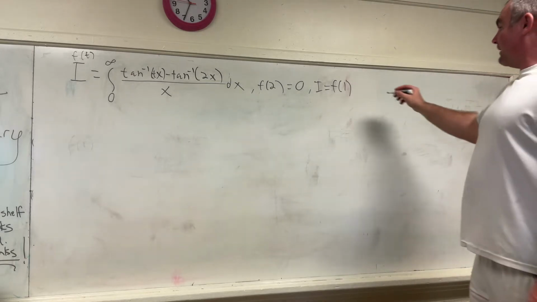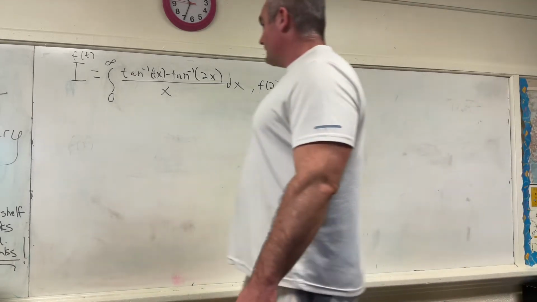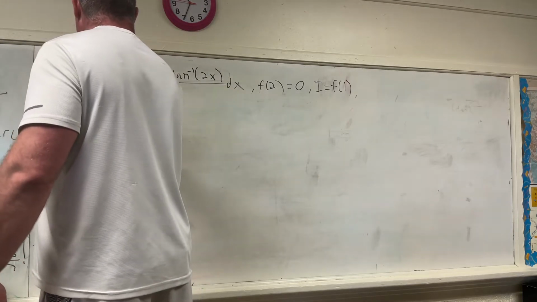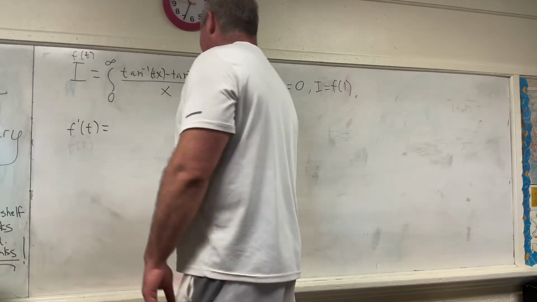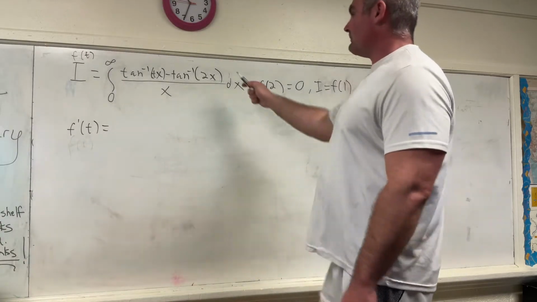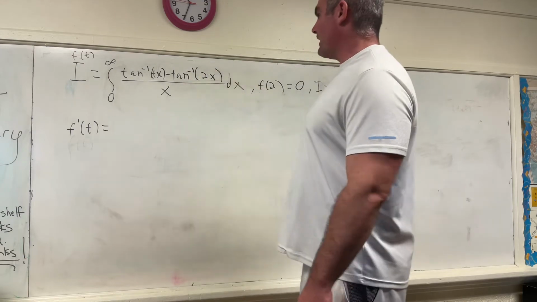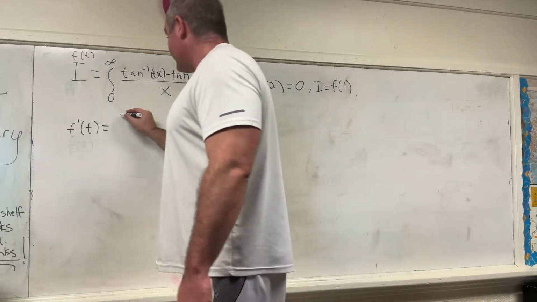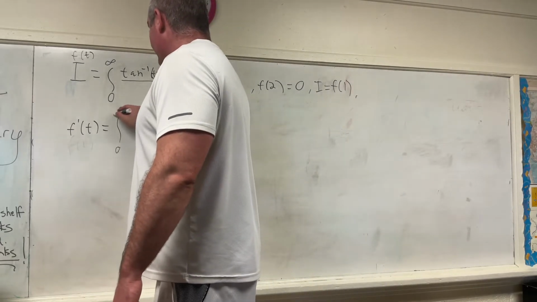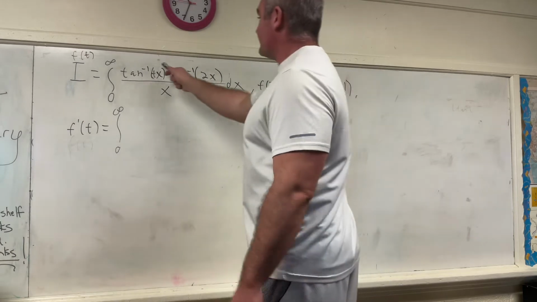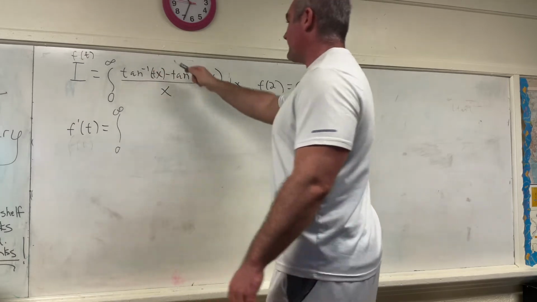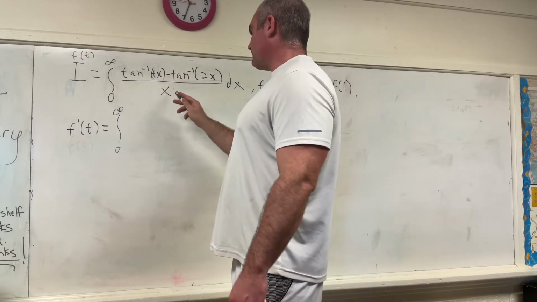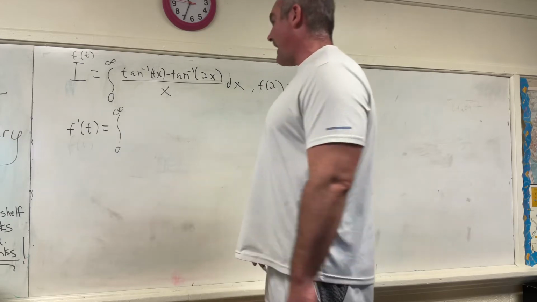All right, now taking the derivative with respect to t, we get that f prime of t is equal to, okay, well, let's be careful. This whole second part is going to cancel out because it is a constant with respect to t. But we'll still be left with the integral from 0 to infinity. That part won't change. But then we have the derivative with respect to t of this right here. And again, if we take the derivative of the inner function, this x is going to cancel out.